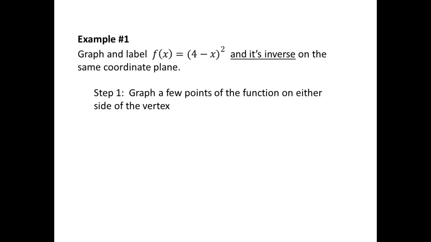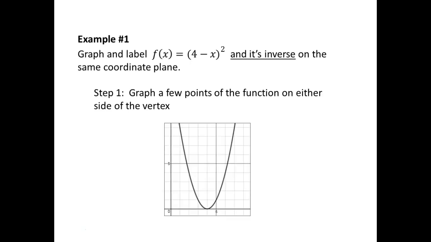Three points on either side of the vertex should do the job. You can use your graphing calculator to do this, or you can develop a little table by hand. I used Desmos to do this, and so here's what I got when I did this on Desmos. I got a quadratic with a vertex sitting at x equal 4, y equal 0.